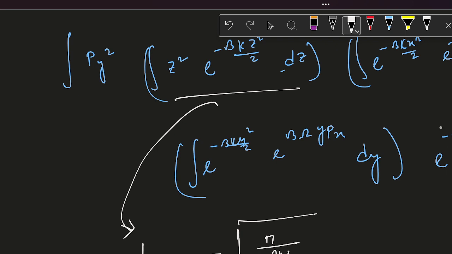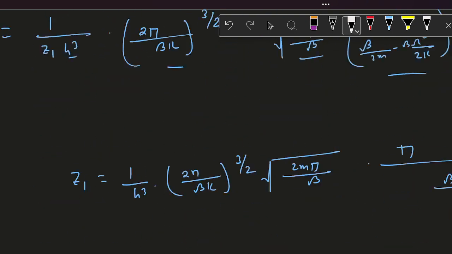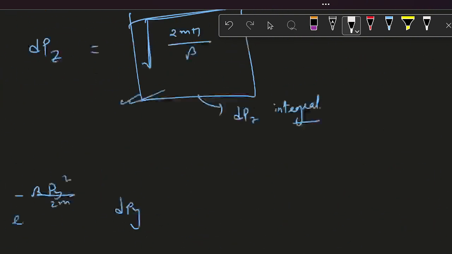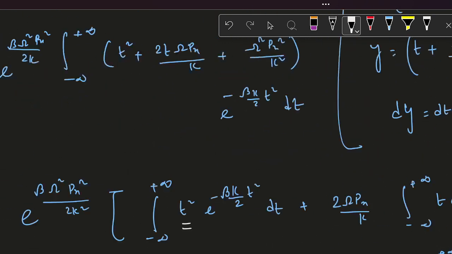This thing is again familiar to you. We have solved earlier how to solve it. So this will just give you a constant factor of e to the power of beta omega squared py squared by 2k. Let me check, because this will have a similar answer.